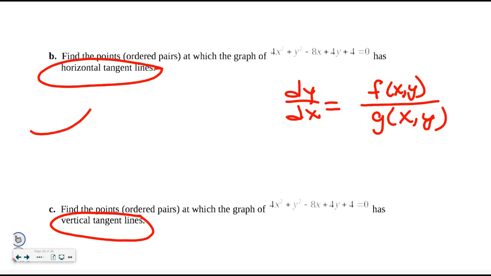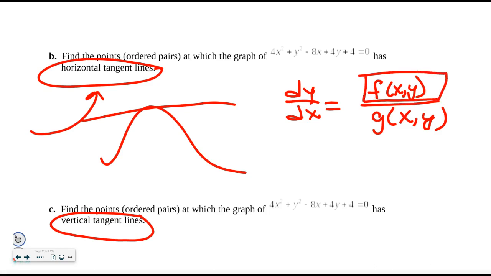When it asks for horizontal tangent lines, what is the derivative? We've done that one a lot. What's the derivative at a horizontal tangent line? 0. And that means you set the numerator equal to 0. You ignore the denominator. So whatever it is, you would set the numerator equal to 0. We've done that before. So I think you would have done that right.